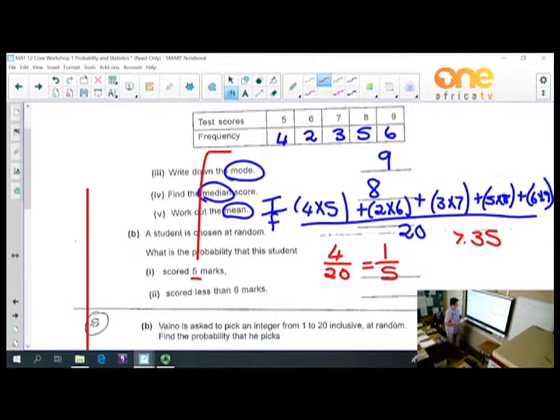Simplify your probability. Don't give it like that. We have to simplify it. And the last one says now less than 8 marks. Now this is 8 or more, so less than 8 is then 3 plus 2 plus 4, and that is then 9 out of 20.